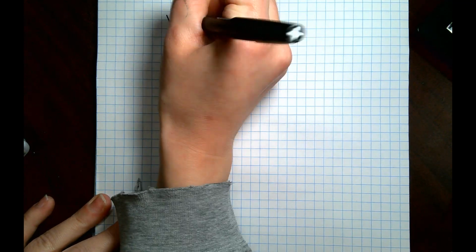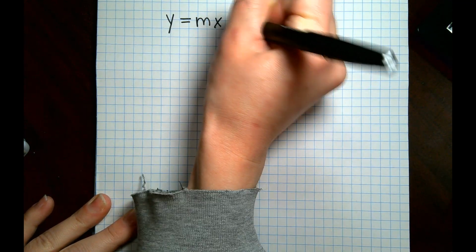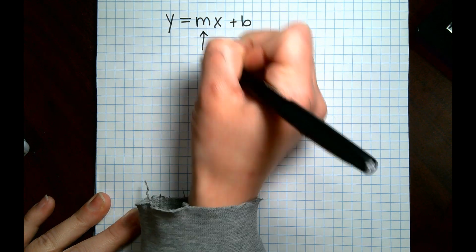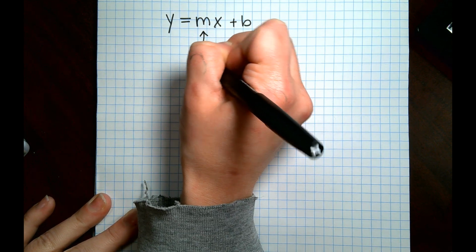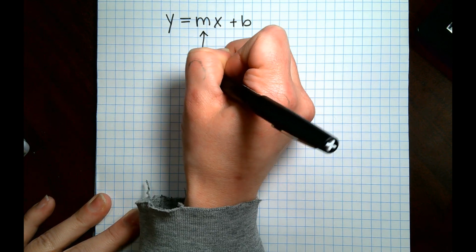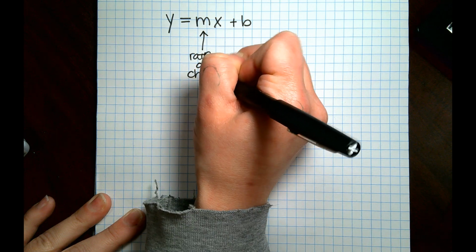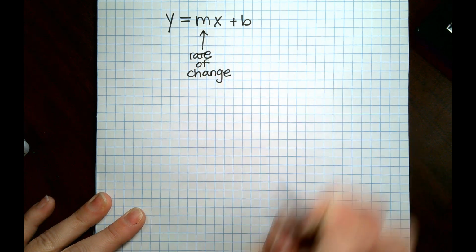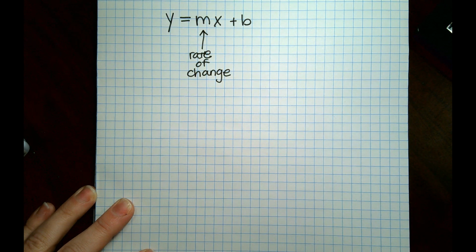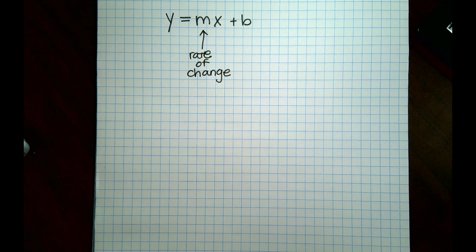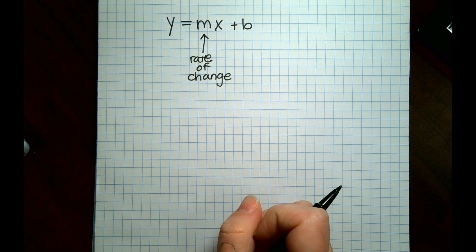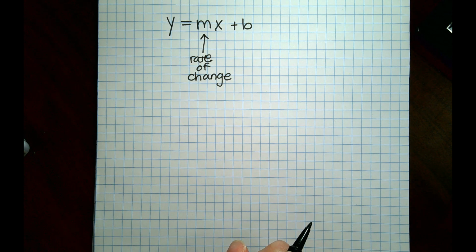So using y equals mx plus b, your m, your slope, is the rate of change. It's telling me how fast this thing changes that I'm measuring. Like, how much money am I making per day? How much do I make per hour? How much water fills up the swimming pool per hour, maybe.